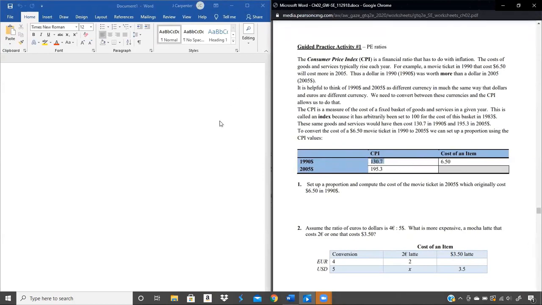So $1 in 1900 would be $130.7 in 1990, if the CPI of 1900 was 1. We're just pretending the CPI in 1900 is 1. That means $1 from 1900 would now be worth $195.3 in 2005.